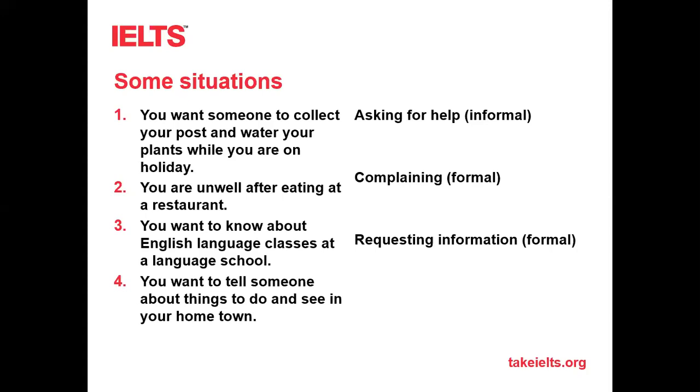Number 4. You want to tell someone about things to do and see in your hometown. What type of letter is this? I'm not sure it's a request letter. Keep going. Informal type of letter. Very good. Lots of answers coming in there. Giving advice, making suggestions, probably informal.